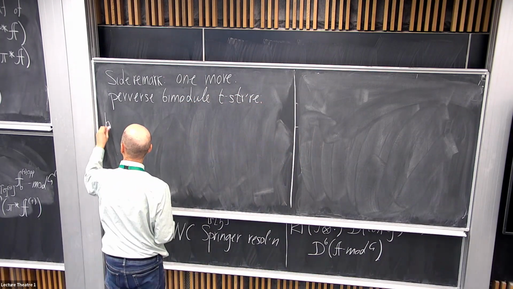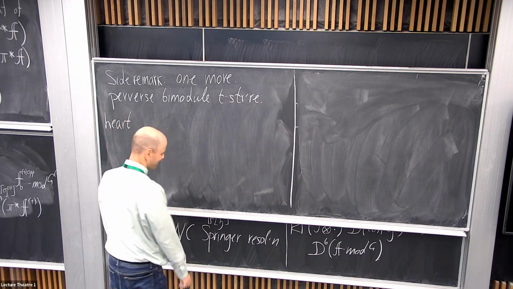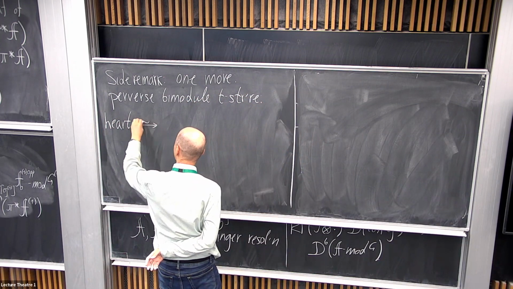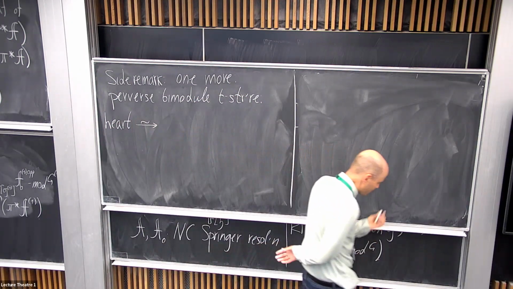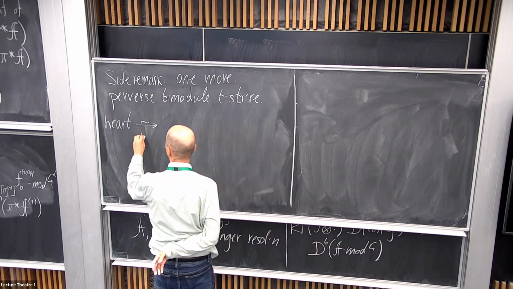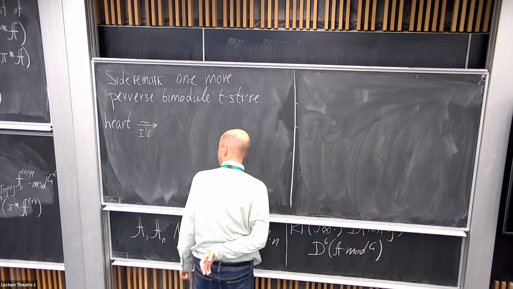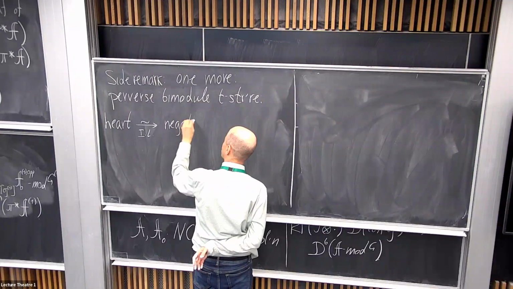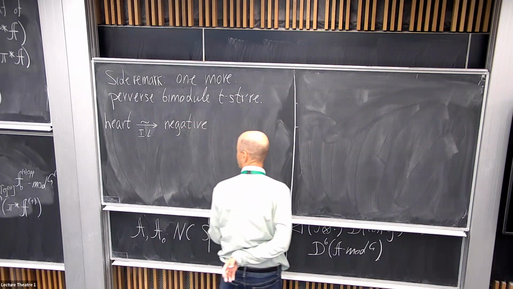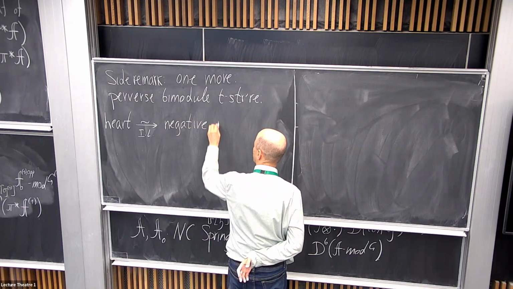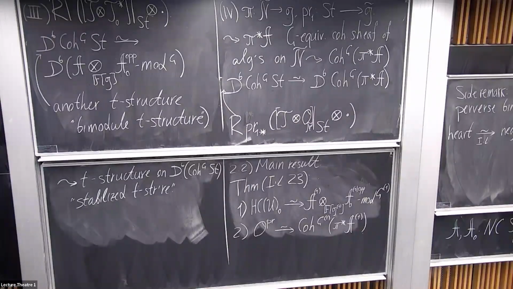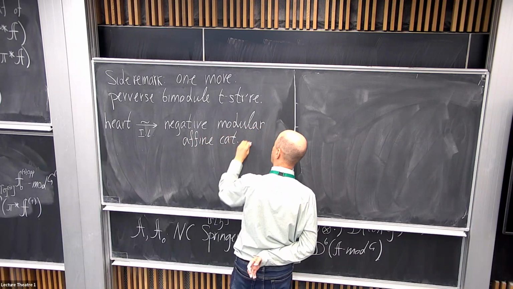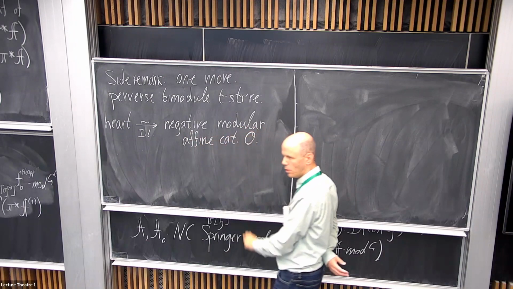But as every T structure, it has a heart, which is big and important. And its heart is equivalent to one of the following categories. Let me give it a name and then tell you briefly about what it is. So it's a negative modular affine category O, well, rather the principal block of this.